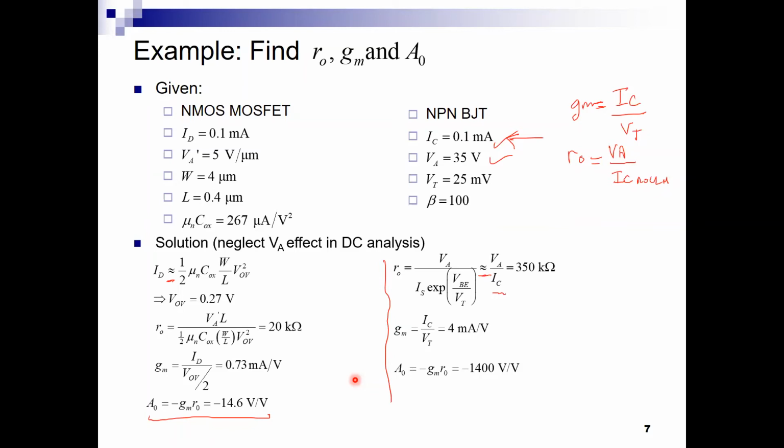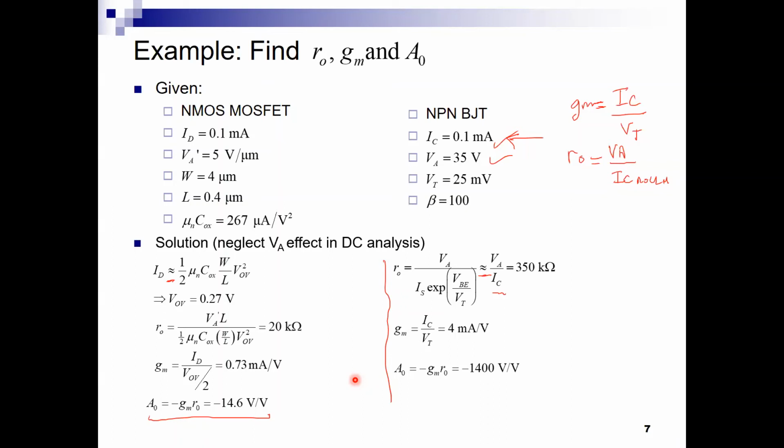What differed here? What quantities are coming out to be larger in the BJT? GM and RO, but mainly RO. RO is much larger and the GM is much larger. So those are coming out from the fact that the characteristics of the device itself and the fact that the current is exponential.